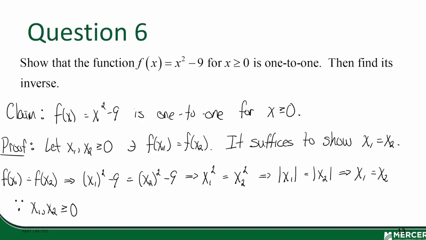That means that x1 equals x2, because we said that both x1 and x2 are greater than or equal to 0. And so we've now shown that it's 1 to 1.